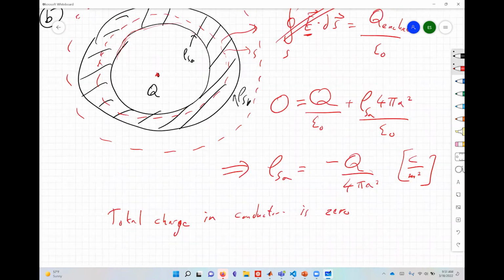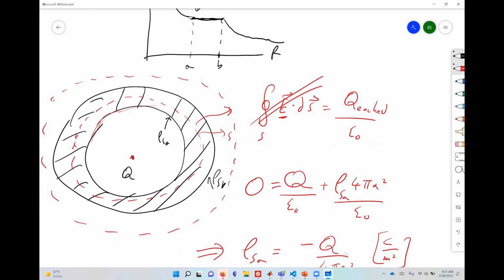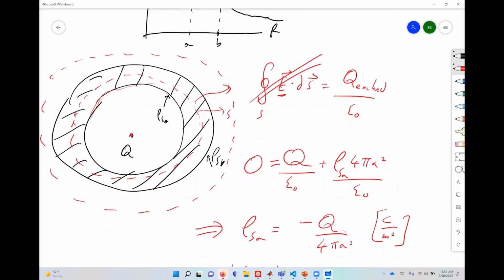Here, one assumption I want to make, by the way, is that due to symmetry, because it's spherical, the charge distribution is uniform. If this was not a spherical shell, if it was something with ragged, pointy edges, the charge distribution would not be the same everywhere. This only works because the charge distribution is equal on each surface, everywhere, due to symmetry.